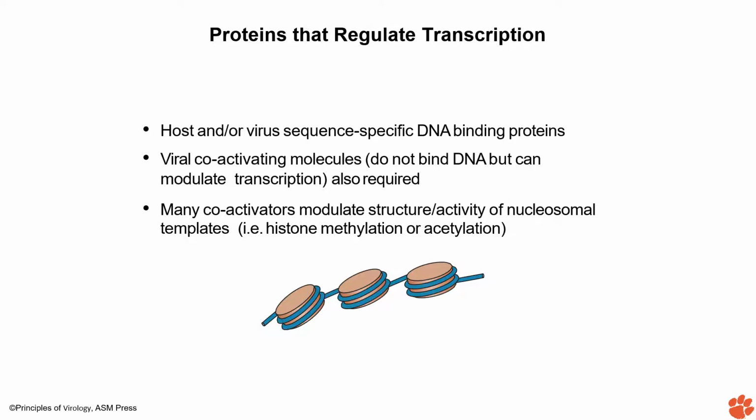This is what we call euchromatin and heterochromatin. For the RNA polymerase to access the sites of transcription, the DNA needs to be loosened up. Remember that, the DNA needs to be loose so that you can access it.